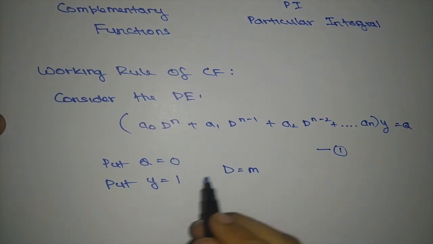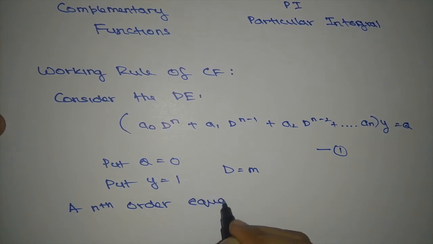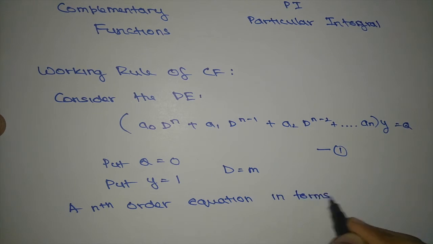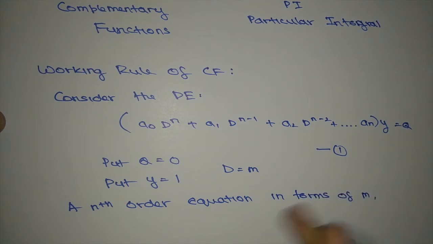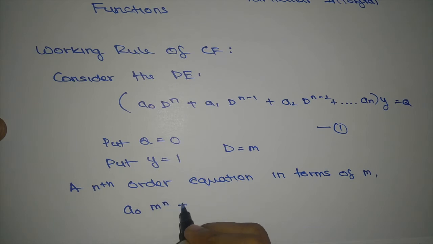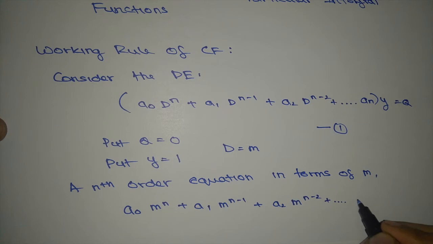So what do we get? We get an nth order equation in terms of m. So we are getting a naught m^n plus a1 m^(n-1) plus a2 m^(n-2), similarly, an is equal to 0.